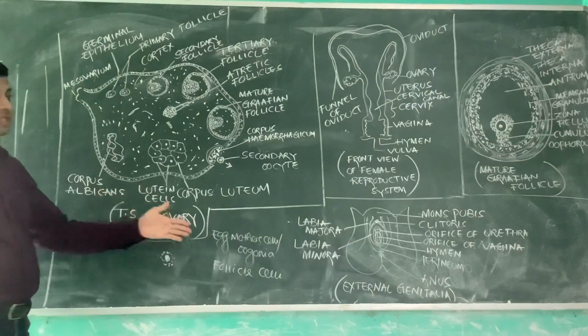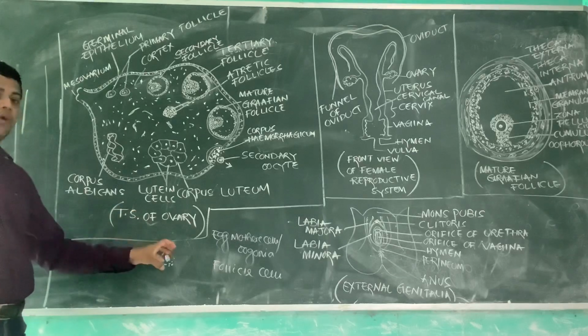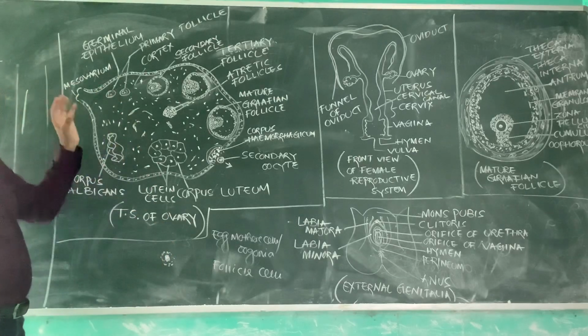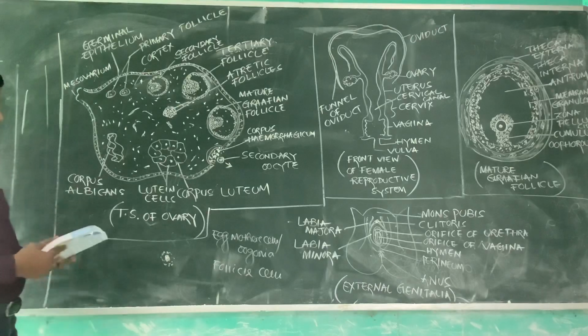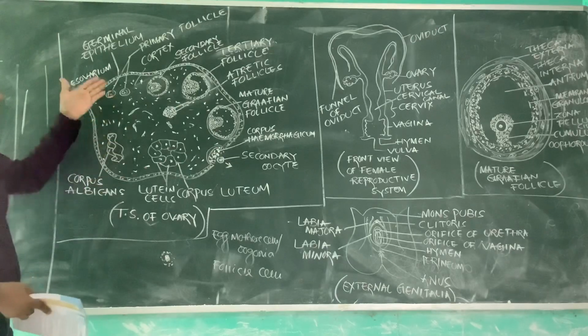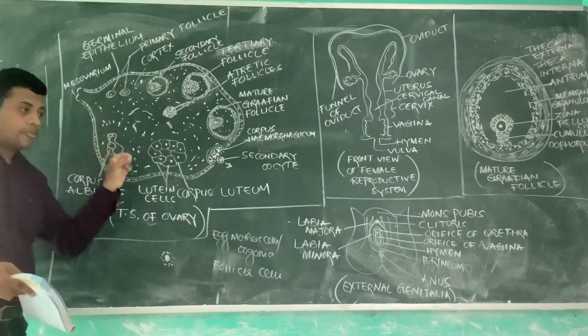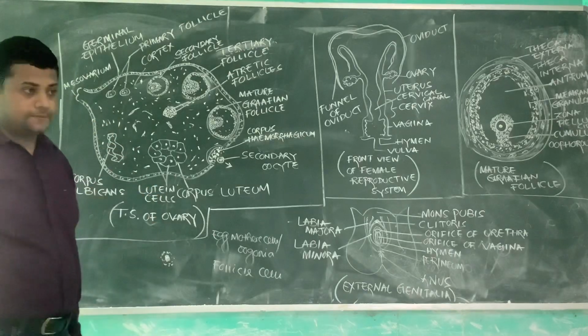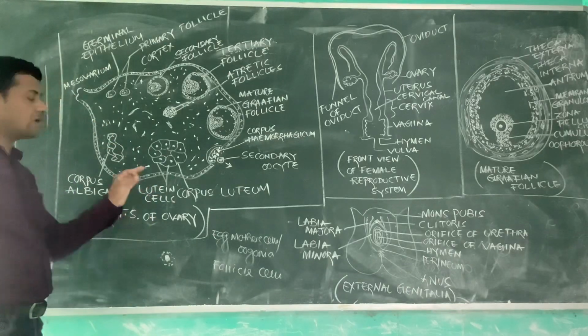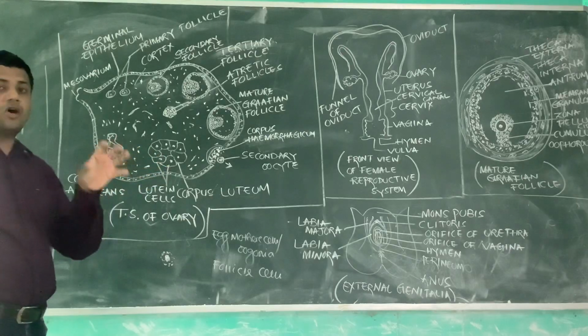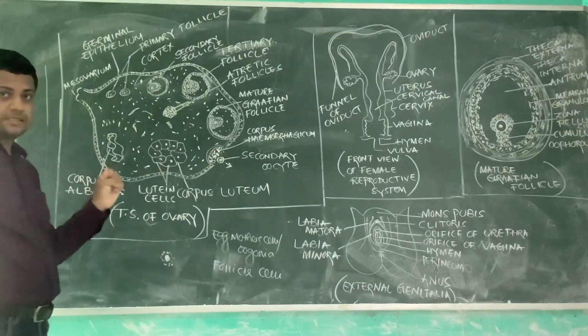These egg mother cells or oogonia are surrounded by follicle cells to constitute primary follicles. From birth up to puberty, there is no formation of new primary follicles.